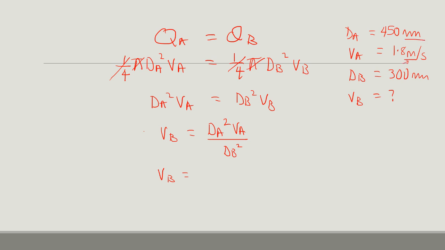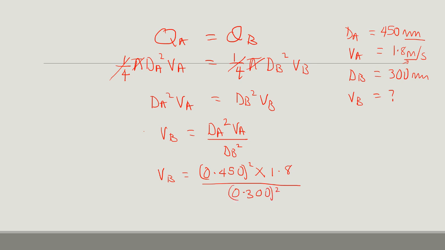We have to convert these millimeters to meters, so that will be divided by 1000, and that is 0.450 square multiplied by VA, 1.8, over dB, which is also in millimeters, so we divide that by 1000 to give us meters, and that is 0.300 meters, and that is square.